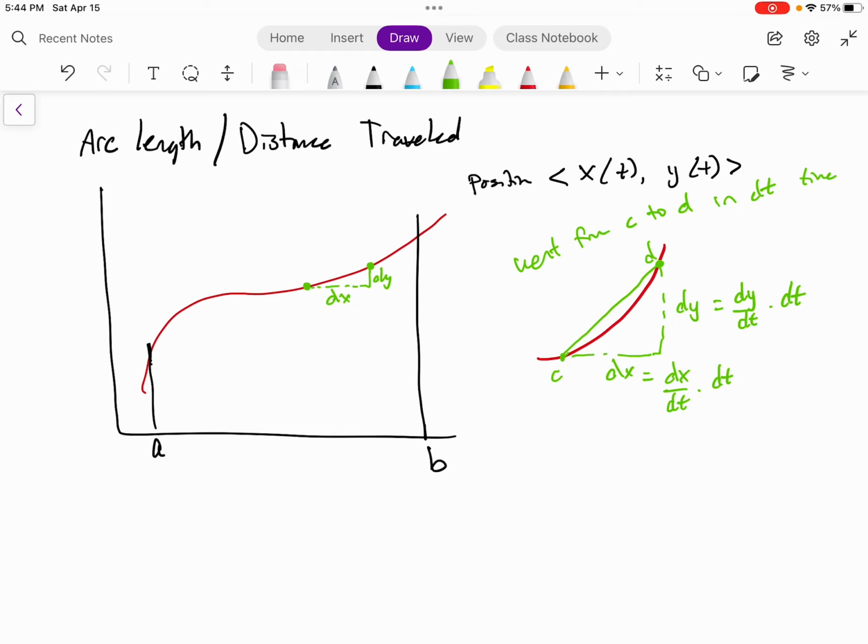And if we wanted to find the length of that segment connecting CD, and we're saying that's a pretty good approximation as we get really small, really close to the length of this curve, that would just be the square root of, by the Pythagorean theorem, this thing squared plus this thing. Oops, forgot another dt.